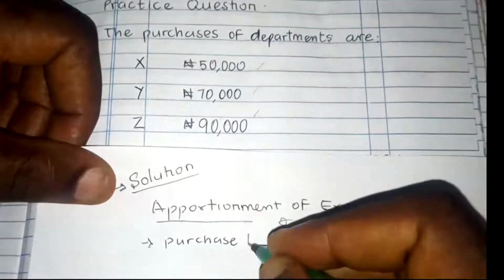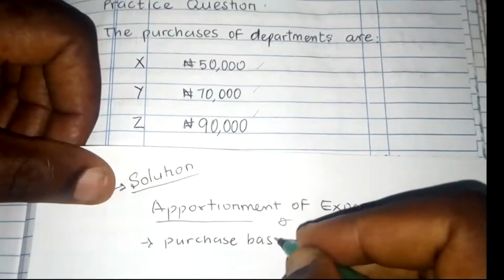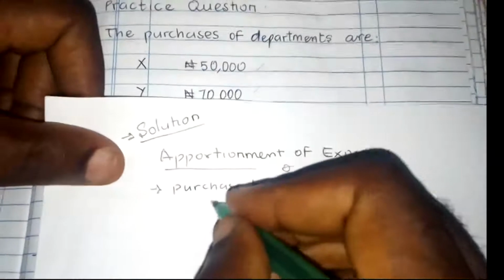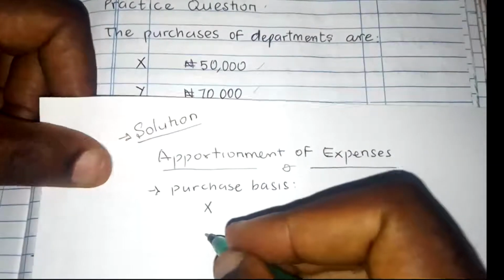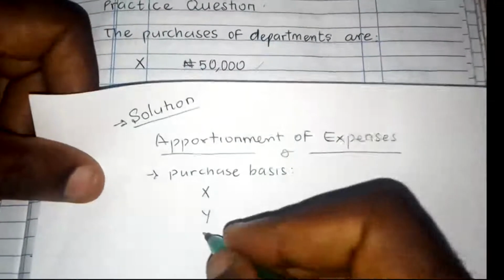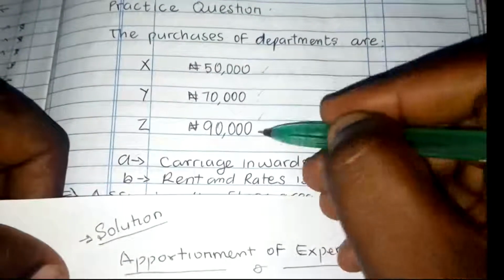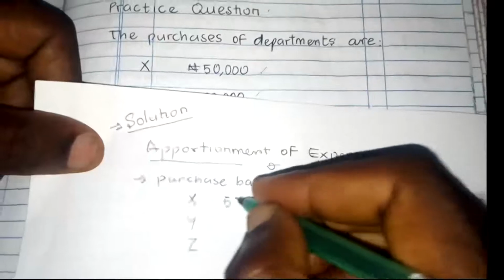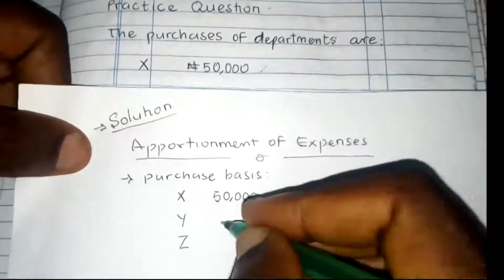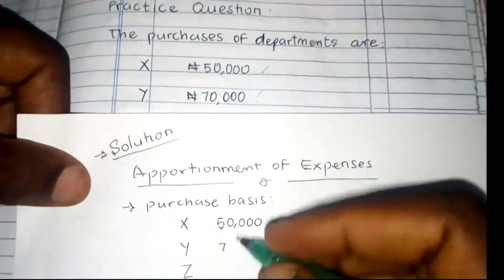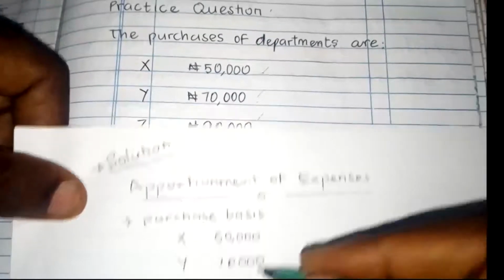All right, class. Now the departments. Department X will be charged 50,000 over 210,000 times the carriage inward, that's 30,000.